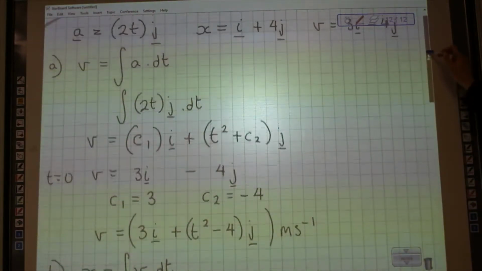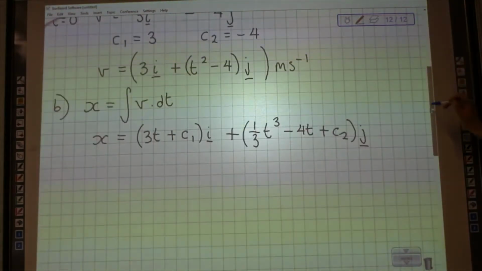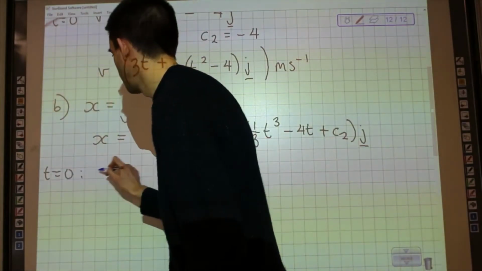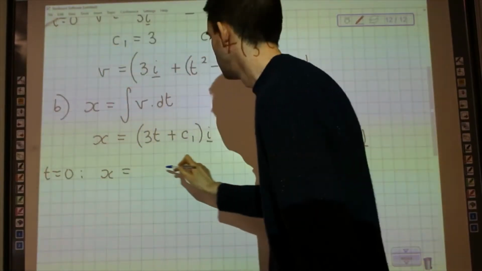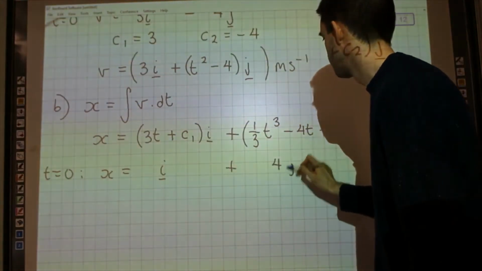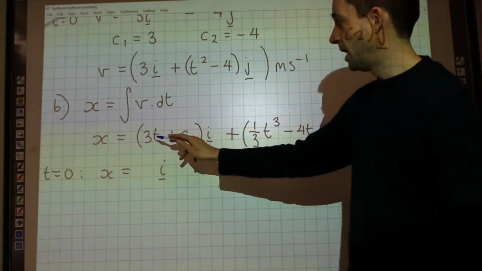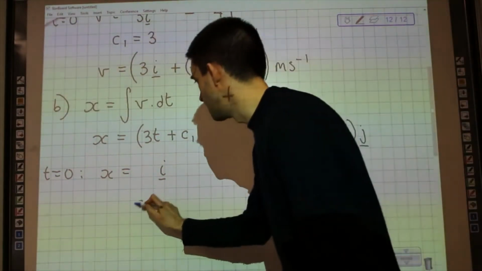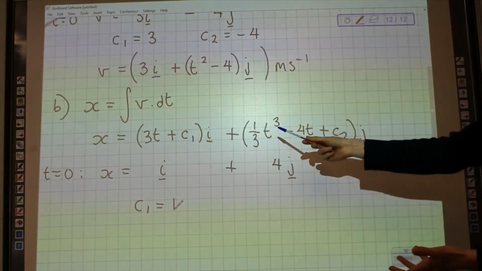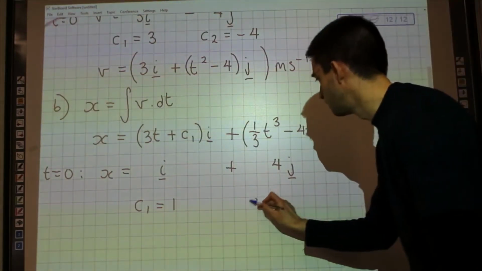I was given in the question that the initial position when t is 0 was i plus 4j. So when t is 0, x equals i plus 4j. Substituting 0 in here, I get 0, which tells me that c1 equals 1. Substituting 0 in here, I get that c2 equals 4.